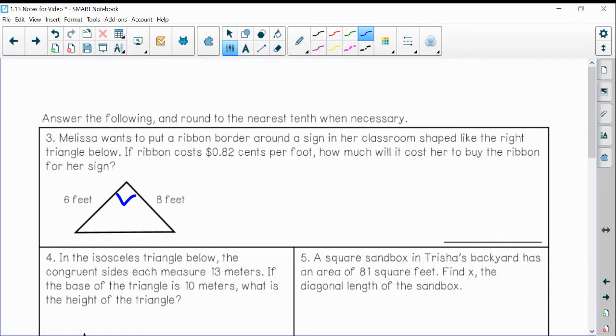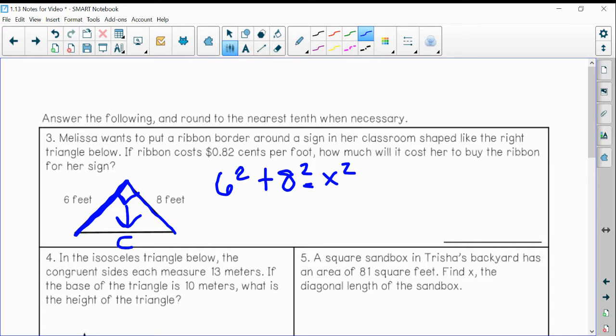Well, before I can multiply 82 cents per foot, I had to figure out how many feet I need. And I'm missing a side. So I'm going to use my Pythagorean theorem to figure out the length of my missing side of my right triangle. I know that my two sides that form my right angle, squared and added together, will equal my third one. So I know 6 squared plus 8 squared, a squared plus b squared, equals my missing hypotenuse squared.